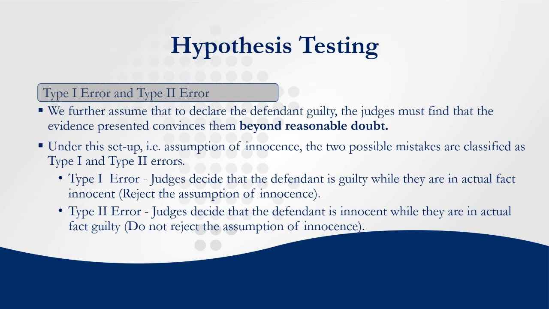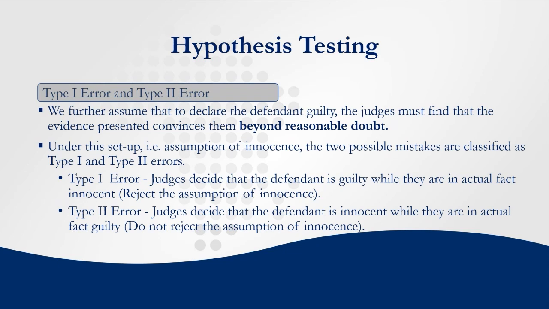But the evidence was presented in such a way that they concluded that this person is not innocent. So they reject the assumption of innocence. They would be committing an error because this person is innocent, but they are rejecting that assumption based only on the evidence.